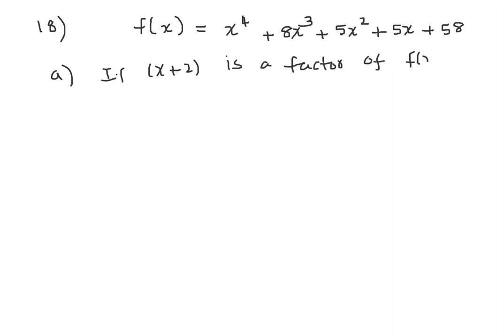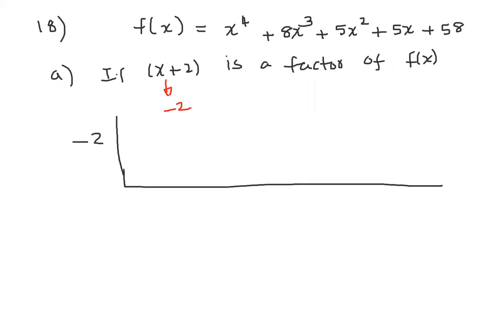In other words, you have to switch the sign here, which is -2, and divide the polynomial by -2 and see if you are getting 0 as the remainder.